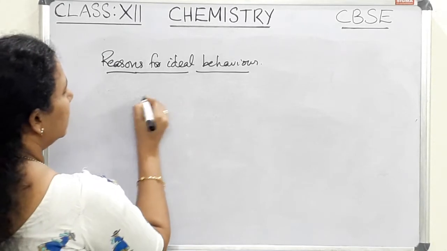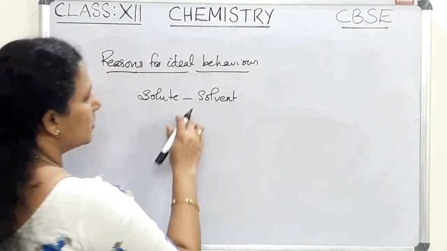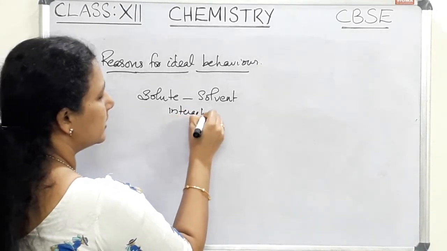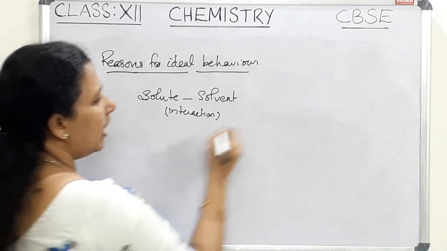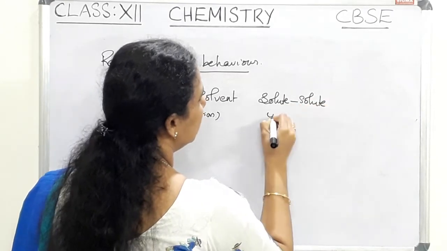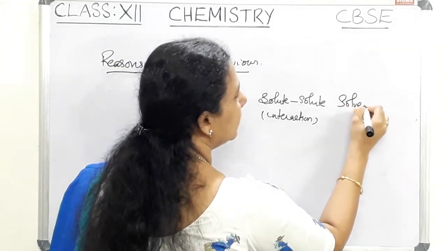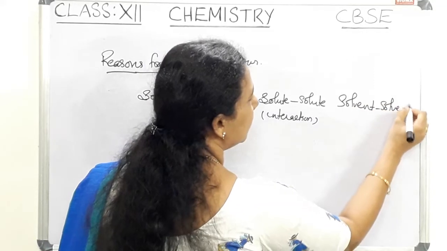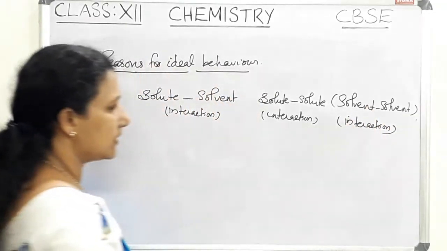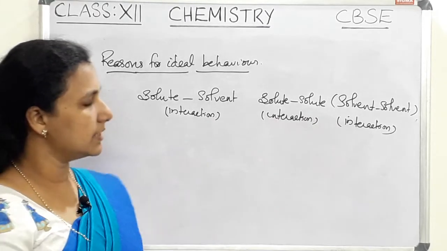There are solute molecules and solvent molecules in this solution, and there is solute-solvent interaction. Solute-solvent interaction is there in the case of a solution, and also there is solute-solute interaction and solvent-solvent interaction. So three types of interactions are there in a solution.